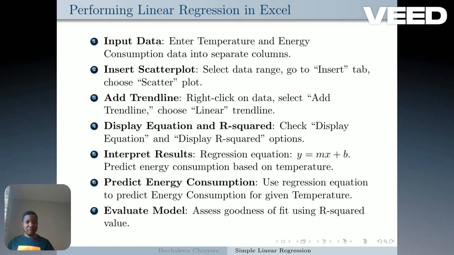Just follow the method that I've described here. First of all, put the data inside the scatter plot, add the trend line, and you can display the equation of the trend line and the R squared. The closer the R squared is to 1, the better the model that is given by that equation.